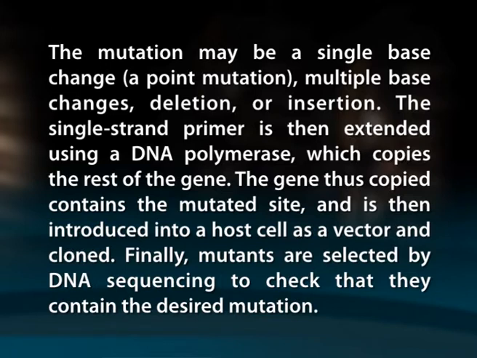The single strand primer is then extended using a DNA polymerase which copies the rest of the gene. The gene thus copied contains the mutated site and is then introduced into a host cell as a vector and cloned. Finally, mutants are selected by DNA sequencing to check that they contain the desired mutation.